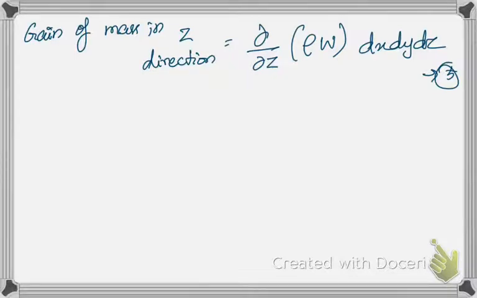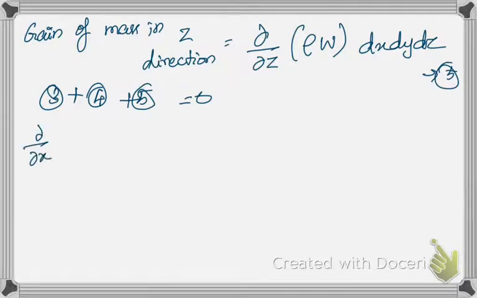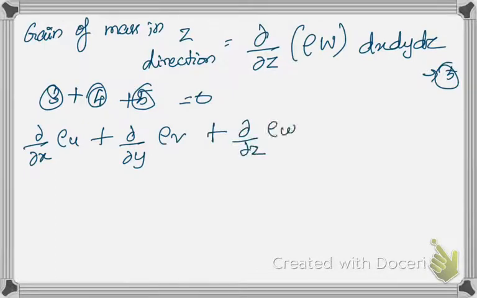So I am going to add all the gain of mass, which is 3 plus 4 plus 5, and it will be equal to 0 because I am assuming that there is no accumulation of mass. So dou by dou x of rho u plus dou by dou y of rho v plus dou by dou z of rho w into dx dy dz is equal to 0.